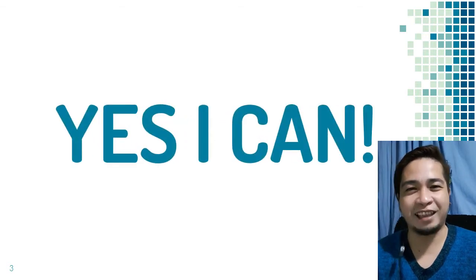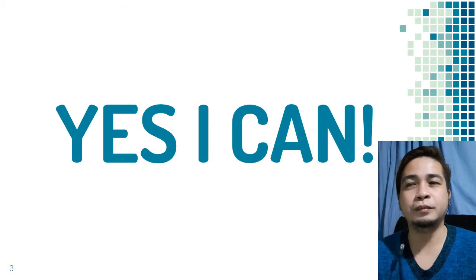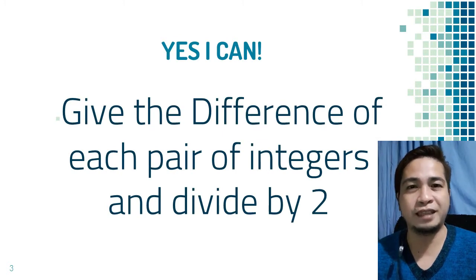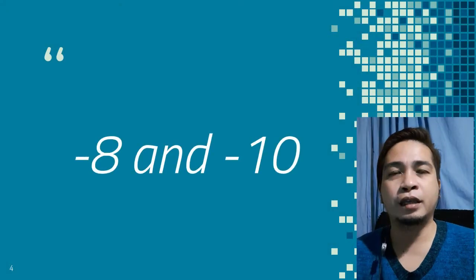Before we begin our class, here's an activity that we're going to do, and it's called Yes, I Can. For our instruction, you're going to give me the difference of each pair of integers and then divide by 2. Negative 8 and negative 10.